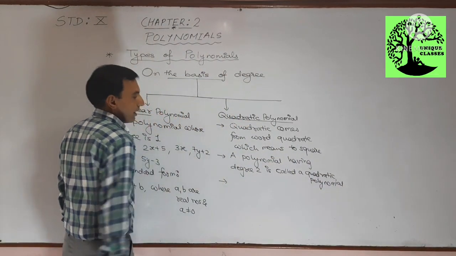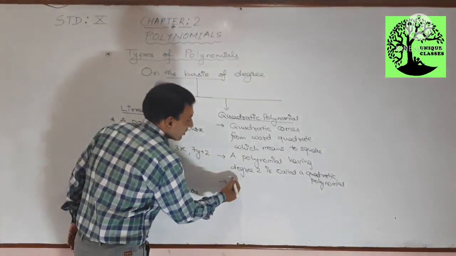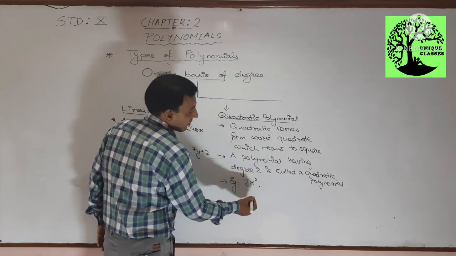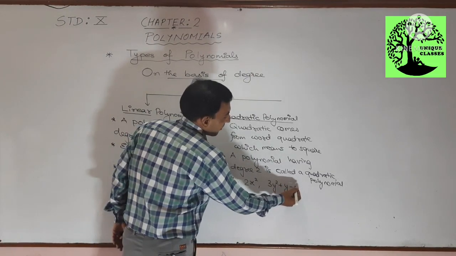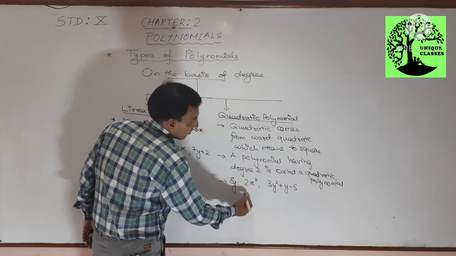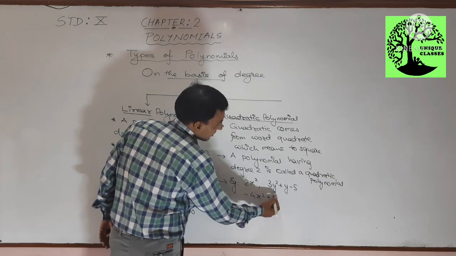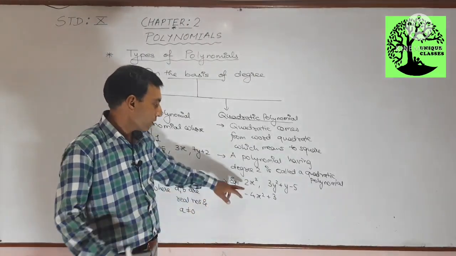Now, examples, let us look at quadratic polynomials. Examples: 2x square, 3y square plus y minus 5, minus 4x square plus 3. So, these are some examples of quadratic polynomials.